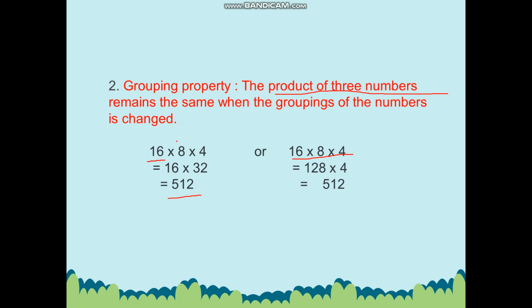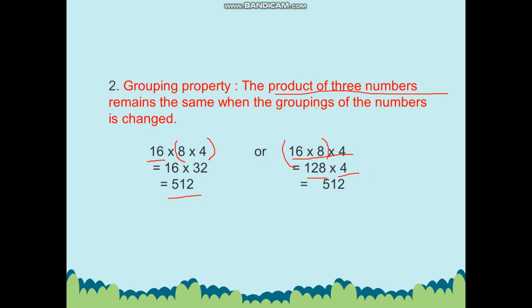First we multiply 16 and 8 and get 128, and then we multiply it with 4.